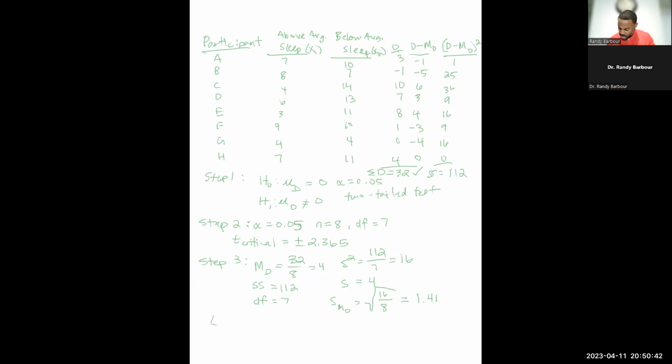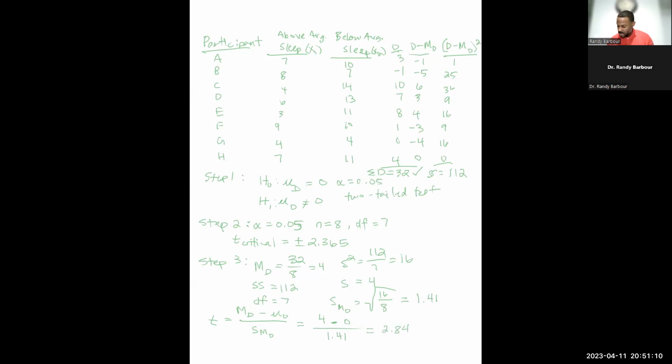Let me go ahead and write it out so you'll see it. That's going to be mean difference minus over the estimated standard error of the mean difference. So that's going to be 4 minus 0 over 1.41, which is going to give me 2.84.